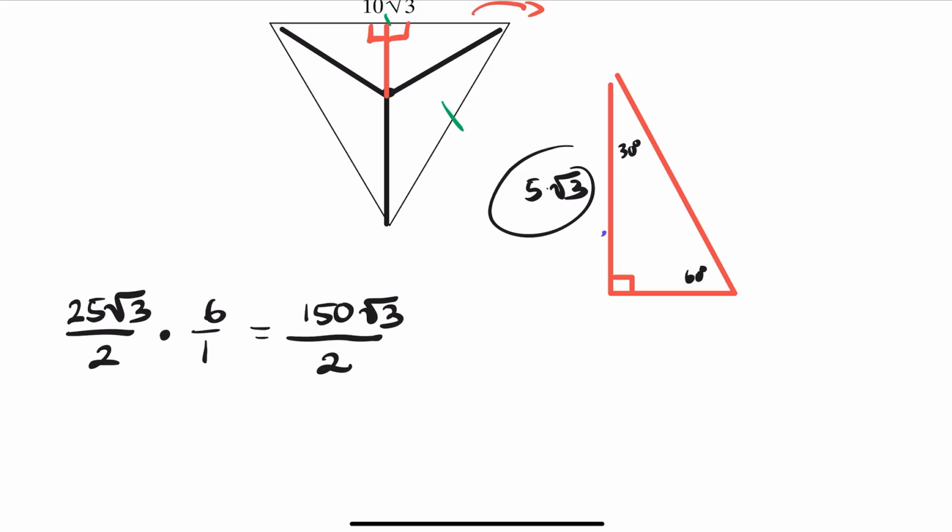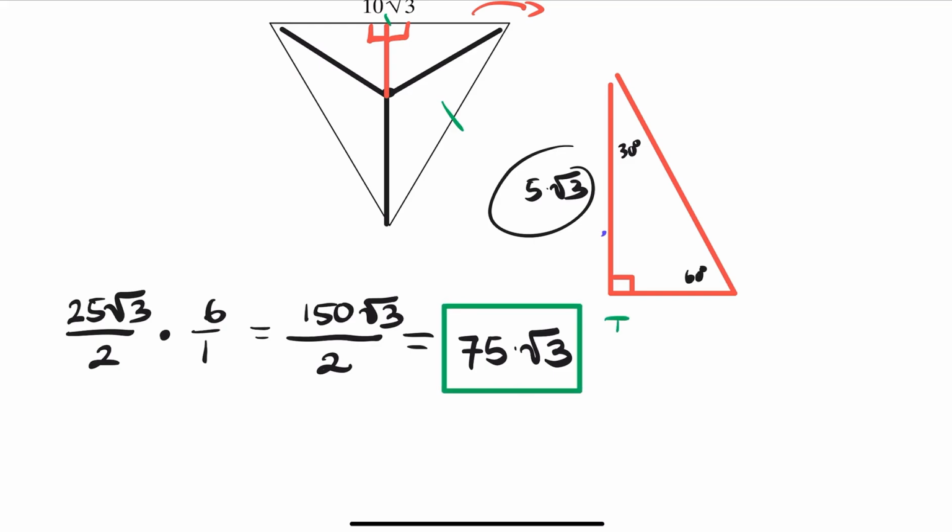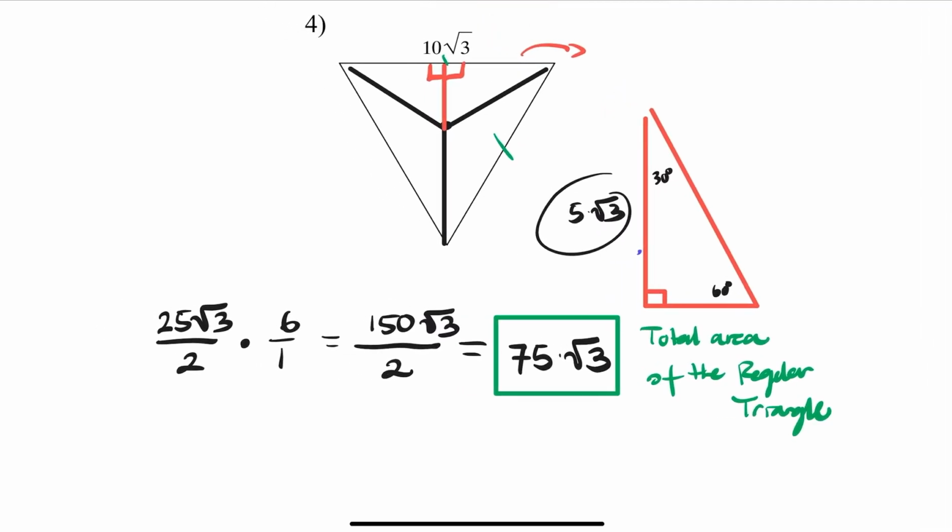And then what's nice is that this can simplify. 150 can get divided by 2 and leave us with 75 while still keeping our root 3. And so this would be the total area of the regular triangle, right? So we just found the entire area of this right here.